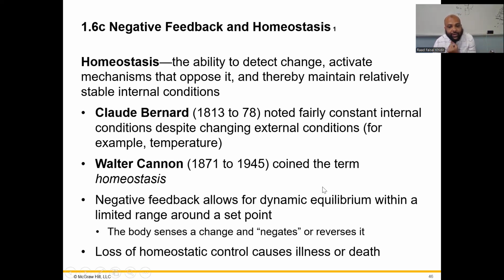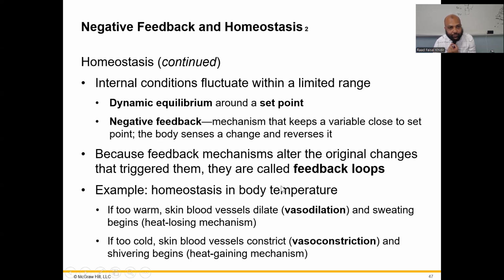So negative feedback allows for dynamic equilibrium within a limited range around a set point. The body senses a change and negates or reverses it. A loss of homeostatic control causes illness or death.